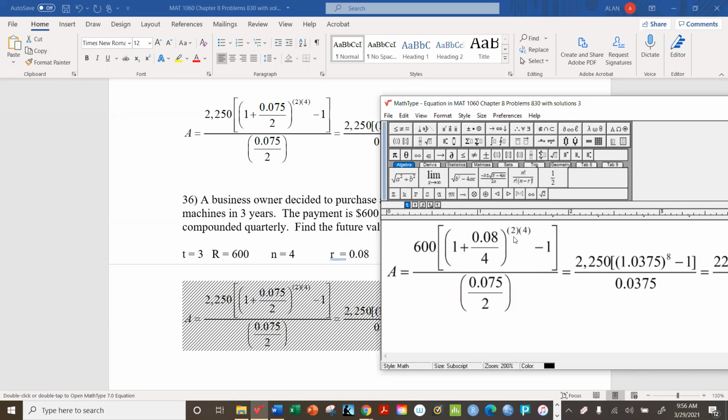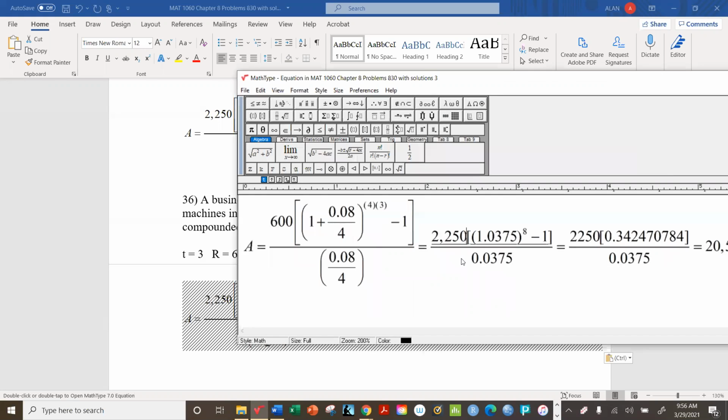That would be 4 times 3. So that's 600 times 1.02 raised to the 12th power minus 1, over 0.02.